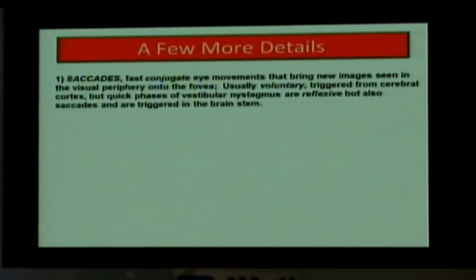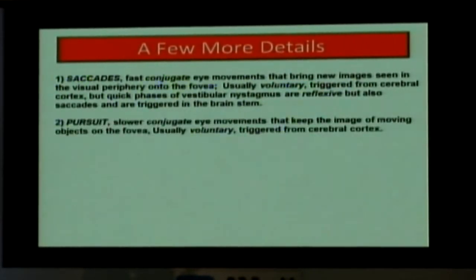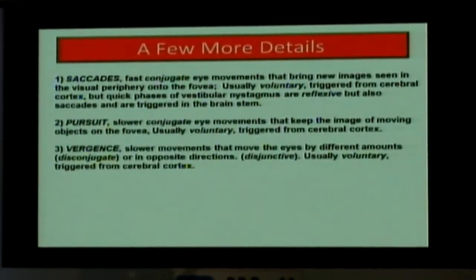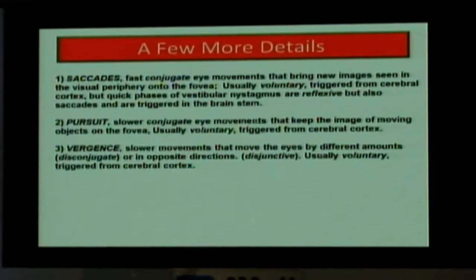Saccades are usually voluntary. They're triggered from the cerebral cortex, but quick phases of vestibular nystagmus are also saccades. They are reflexive, and they're triggered in the brainstem. We have pursuit, which also is triggered by the cerebral cortex, usually voluntary. And again, we have vergence movements. The eyes move by different amounts or in opposite directions, and they're often voluntary as well.